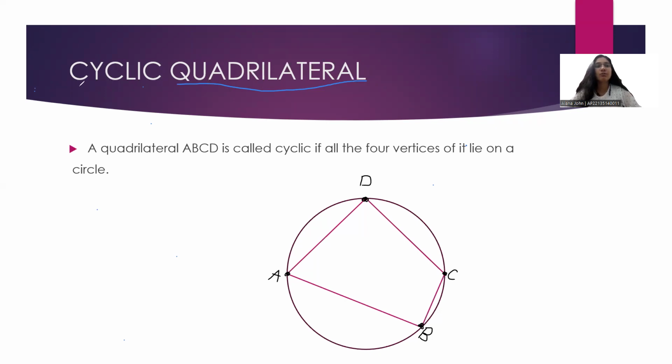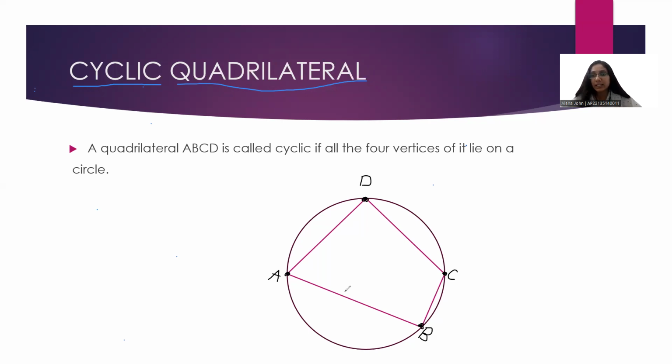Okay. So when is a quadrilateral said to be cyclic? See, a quadrilateral ABCD is called cyclic if all the four vertices of it lie on a circle. If the quadrilateral lies inside a circle and all the four vertices of the quadrilateral lie on the boundary of the circle, then the quadrilateral is called a cyclic quadrilateral.